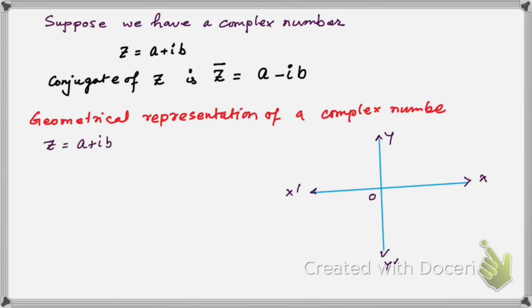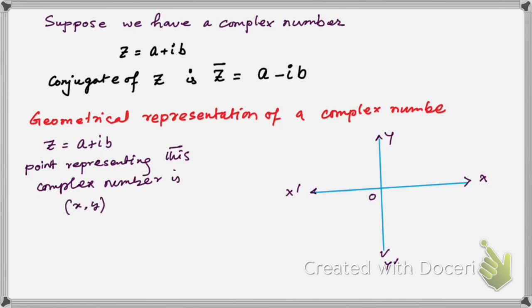The point representing this complex number is a comma b.